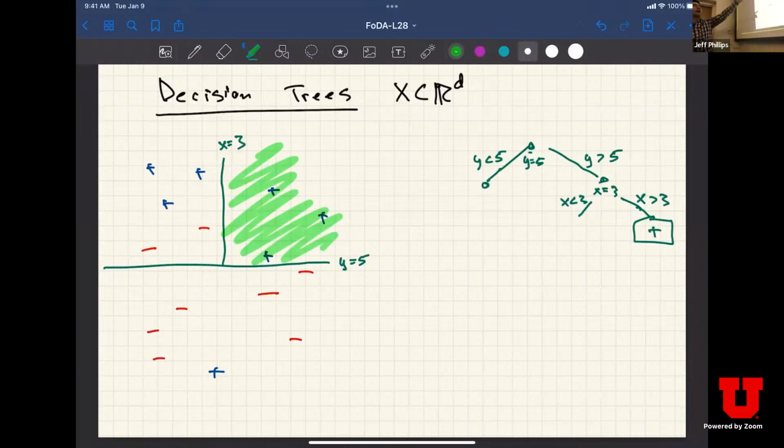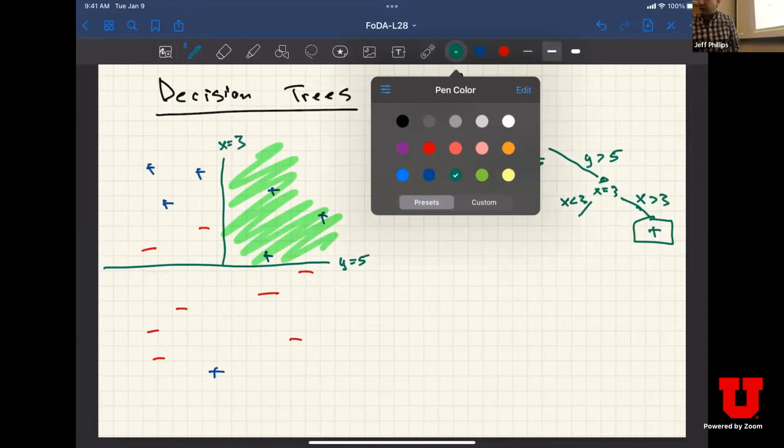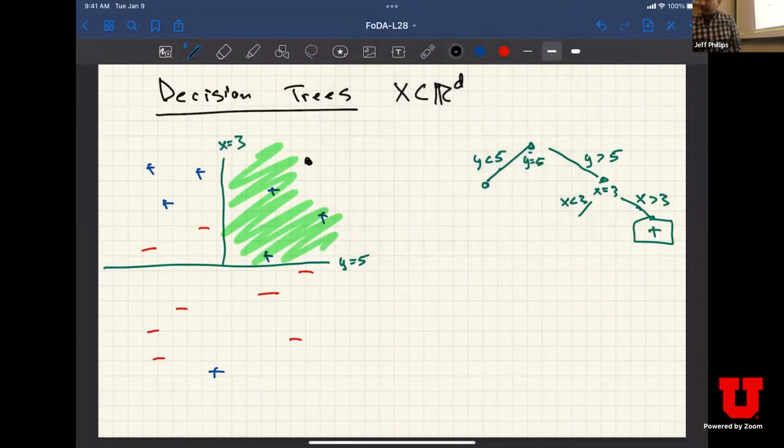If I make a prediction on some new data point, this is x prime, my query. For f of x prime, I need to ask: is the y value greater or less than 5?